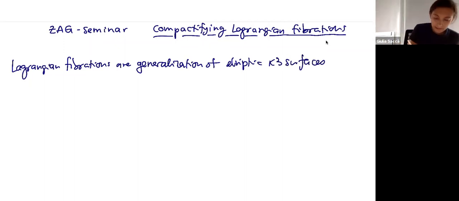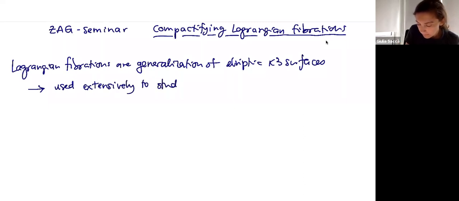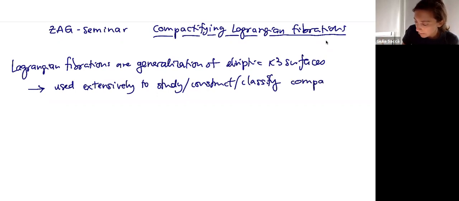And in the same way that elliptic K3s occupy a crucial role in the theory, they have been used extensively to study, construct, and attempt classification of compact hyperkähler manifolds.